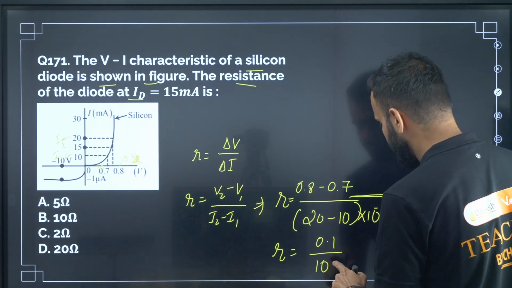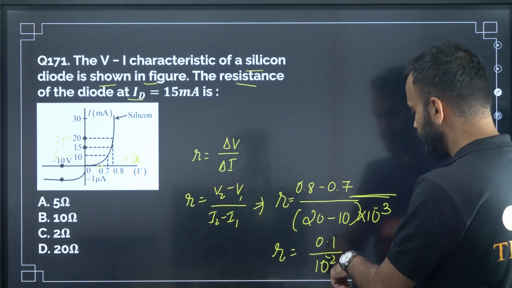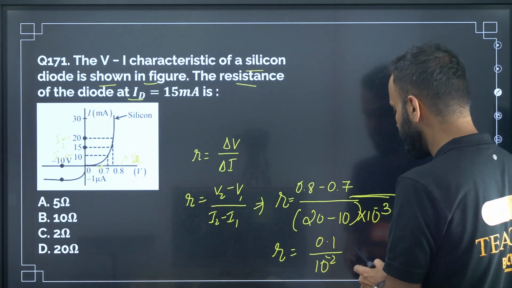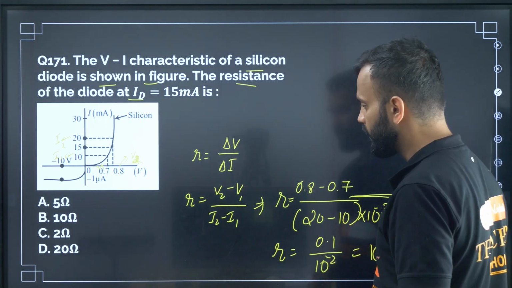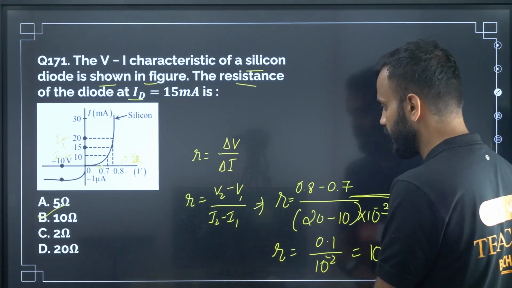This will be 10 to the power minus 2. So 1 by 10 to the power minus 2 is 10 to the power 2. 0.1 into 10 to the power 2 is 10. So option B is the correct answer, 10 ohm resistance of the diode.